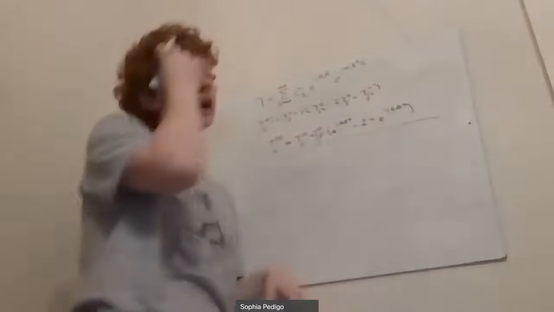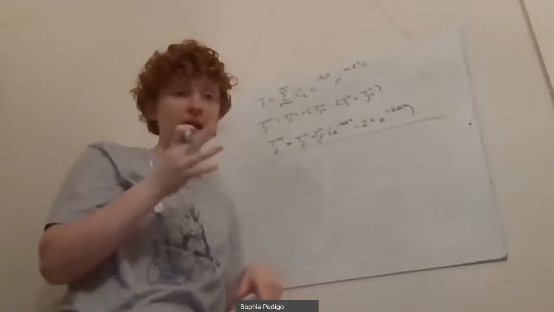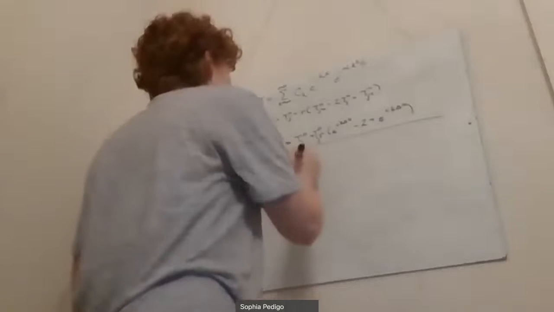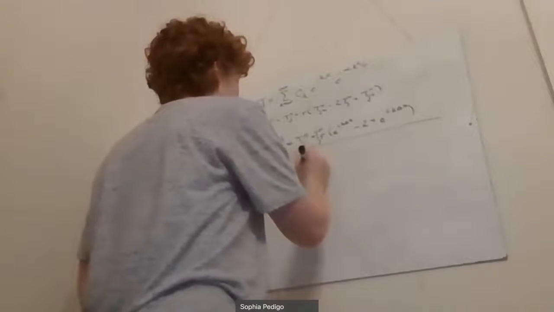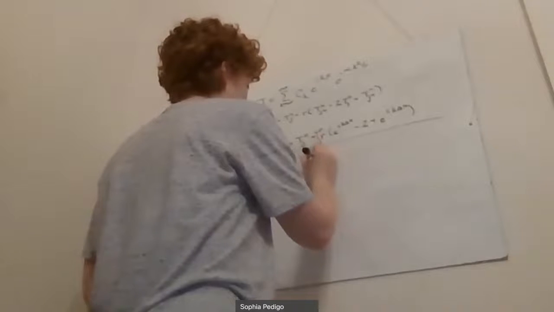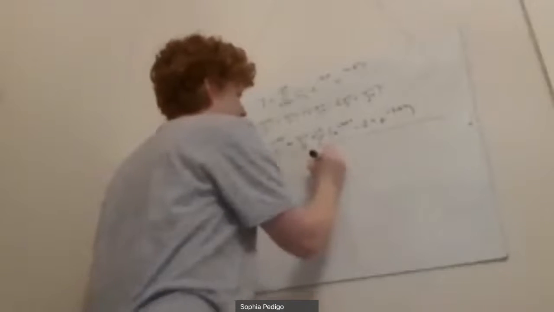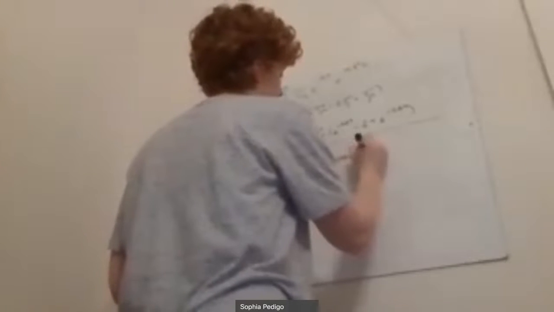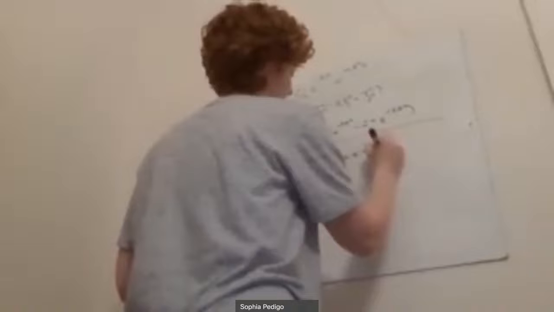If you remember looking at Euler's formula a couple of videos ago, I think it was in my first one, and I'm doing this from memory, so this might be off: e to the i x is equal to cosine x plus i sine x.